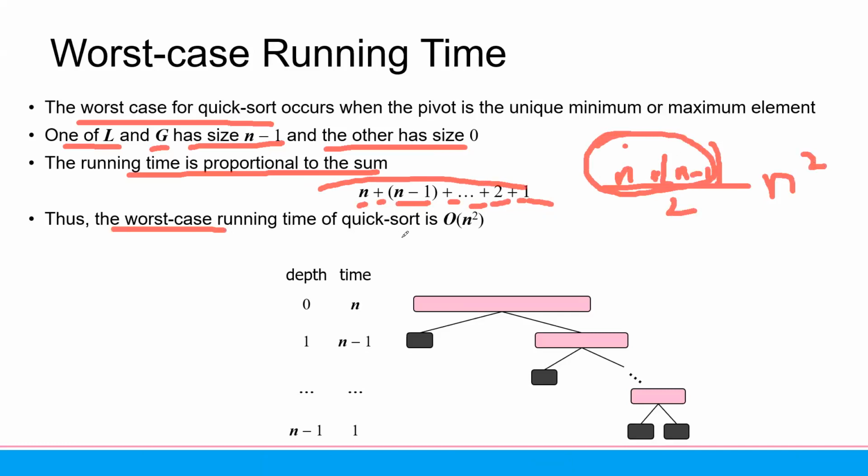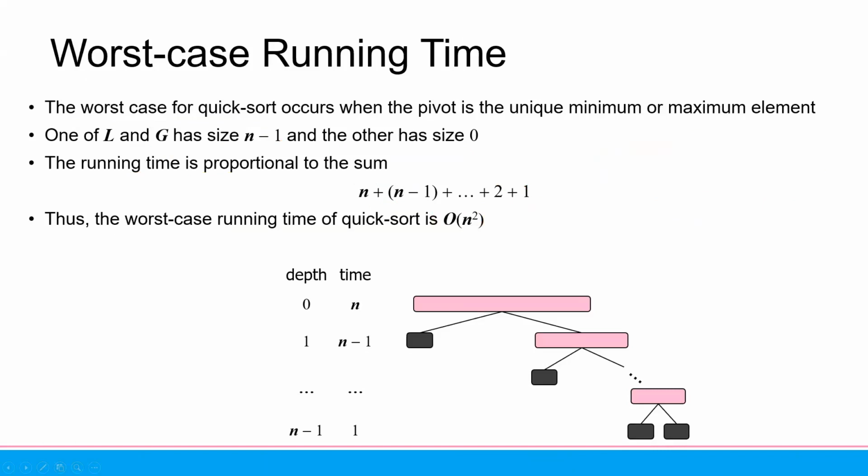The worst case will run at O of n squared for quicksort. So the visualization is something like this. Let's say if we select the pivot value which is the minimum, then there will be no element on the left, but it will go on the right. And the time will be n, and then n minus 1, and so on.